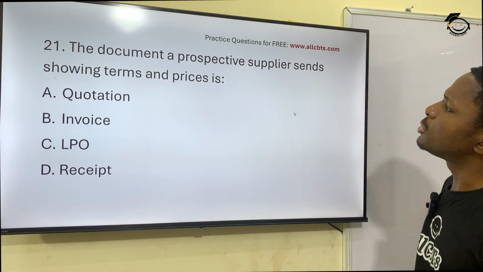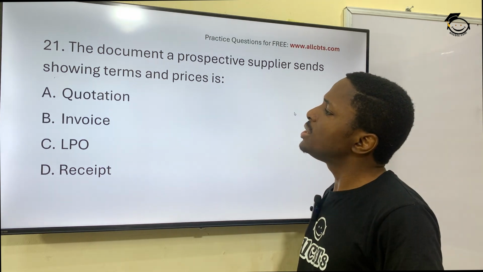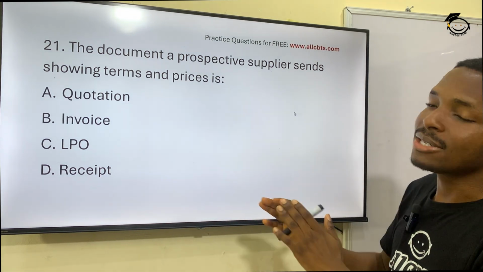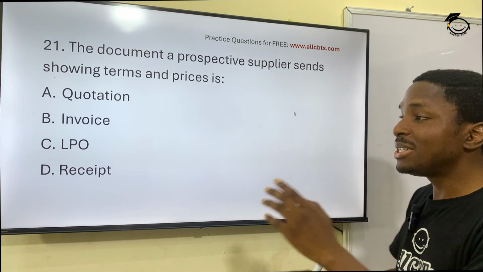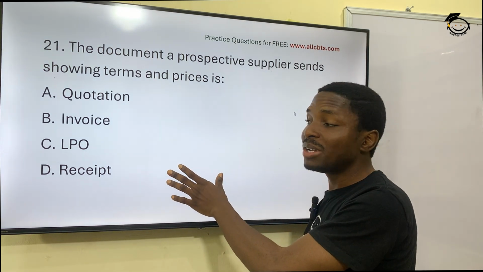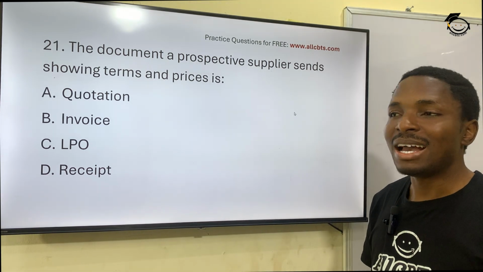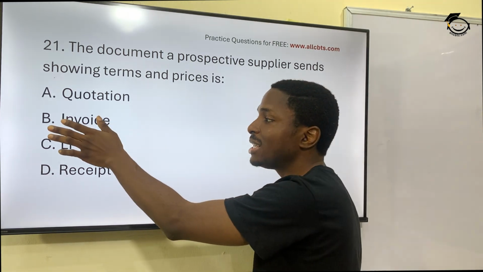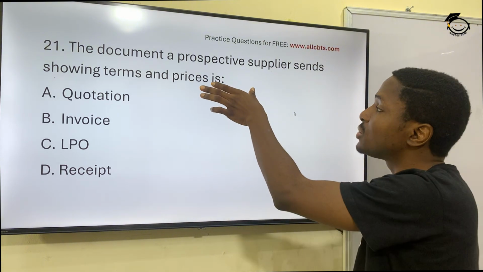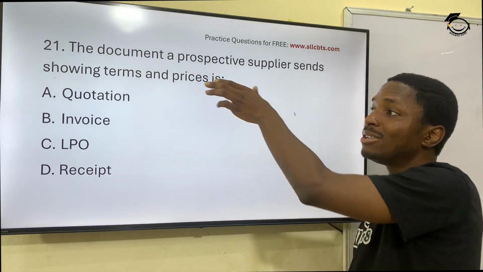The document a prospective supplier sends showing terms and prices is what? Now you see, we came across this question before. They were all having the same options. But for that one, we went with what? Invoice, because we saw supplied at the end of that question.